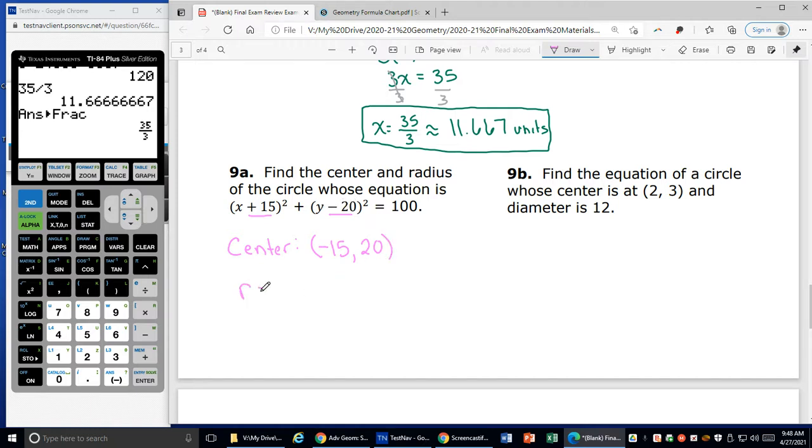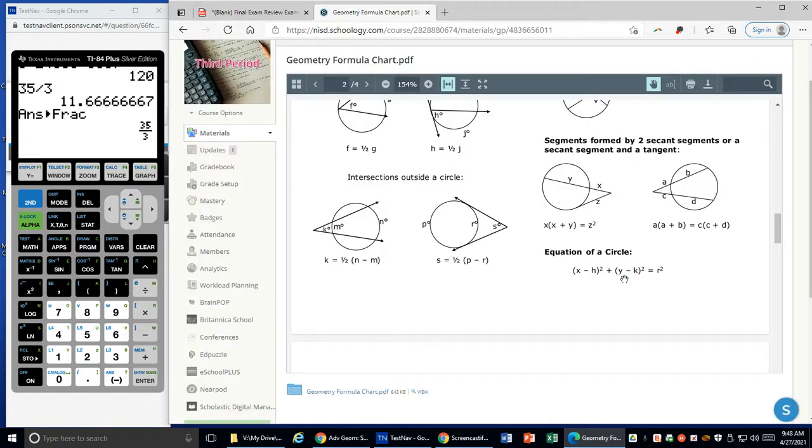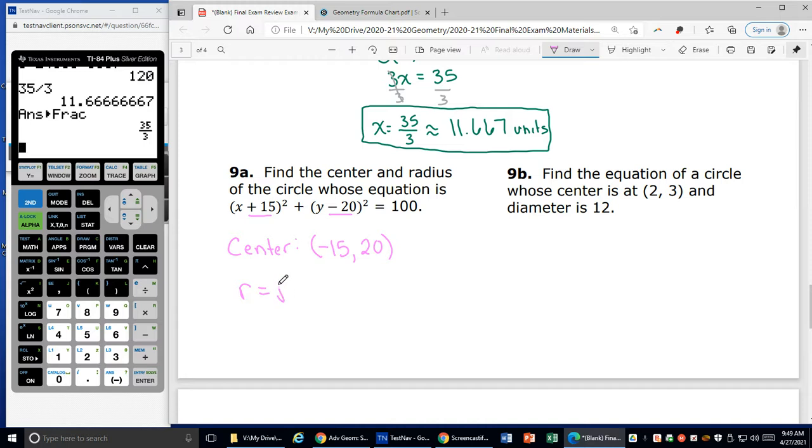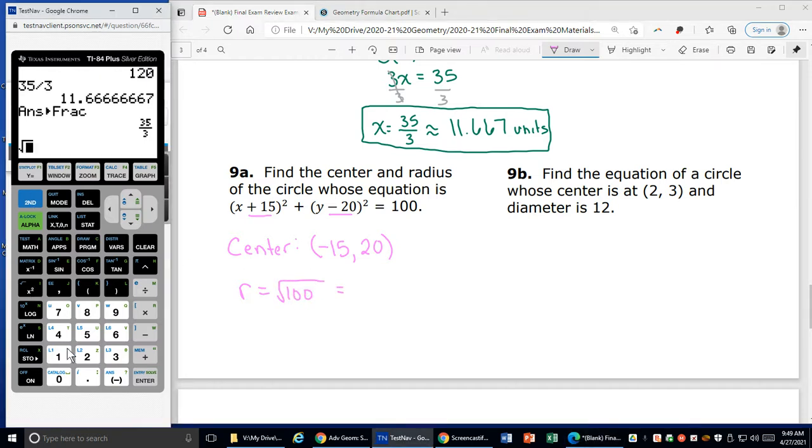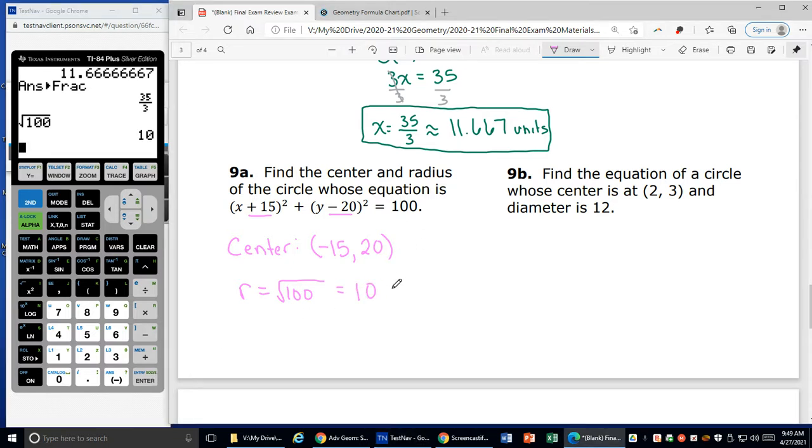My radius, in the equation, gets squared. So to find my radius, I have to unsquare it. My radius is going to be the square root of 100, which is 10. And we don't know the units, so I'm just going to say units. So I have my center, and I have my radius.